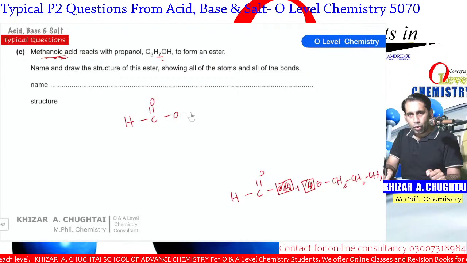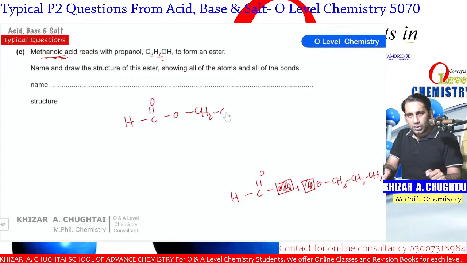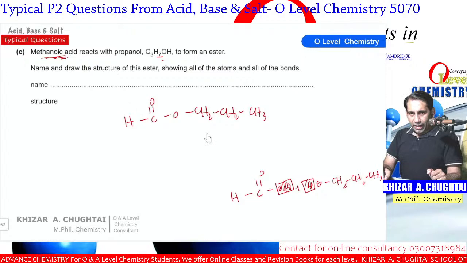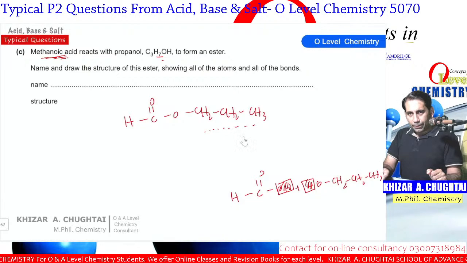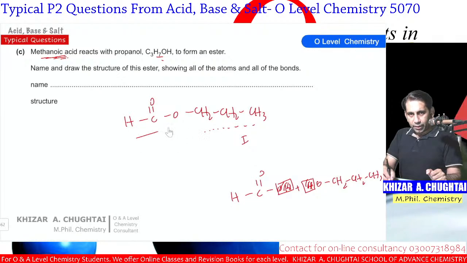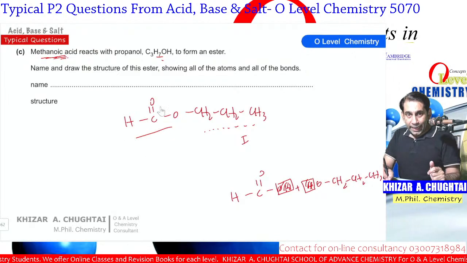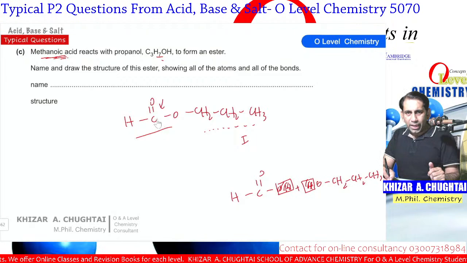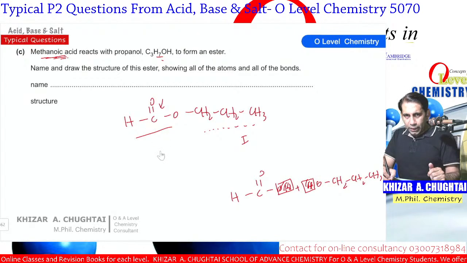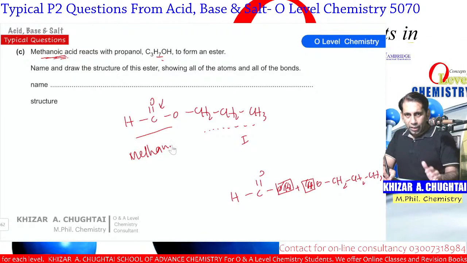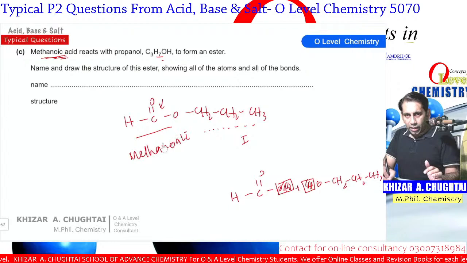HCOO CH2, CH2, and CH3. The name of this ester: you will write the name first from the alcoholic part. Its name is written as the first part of the name, and the second part of the name is written from the side of the acid molecule. There is only one carbon, so its name will be methanoate. Methane, just remove the E, OATE, methanoate.